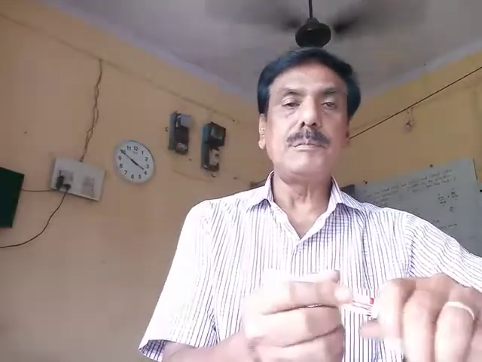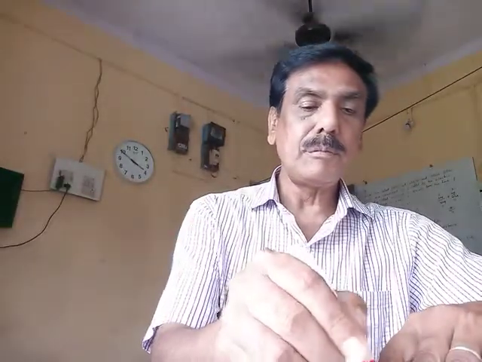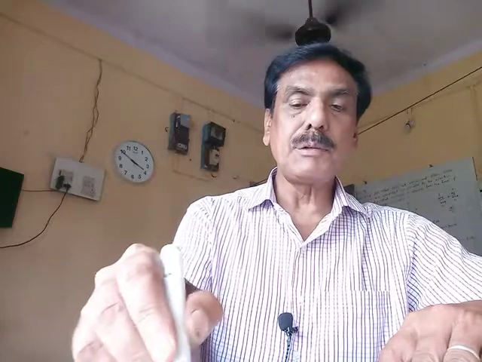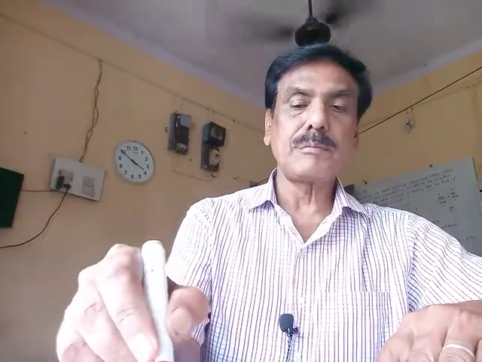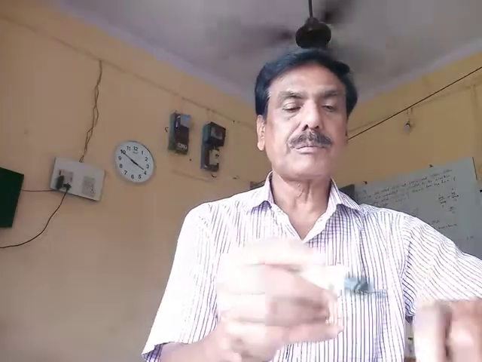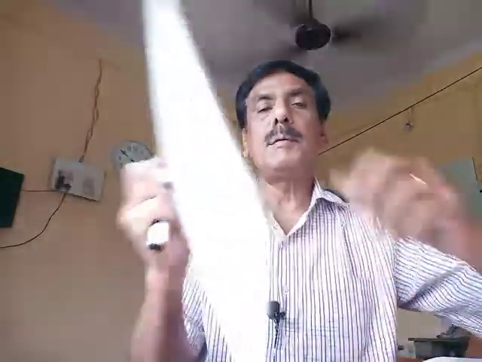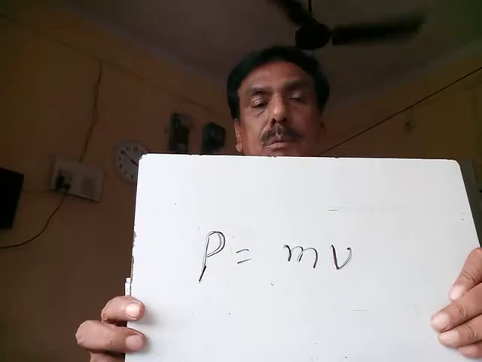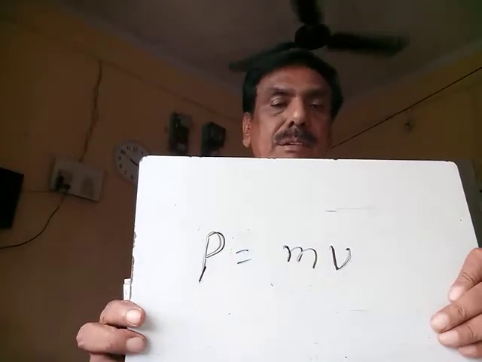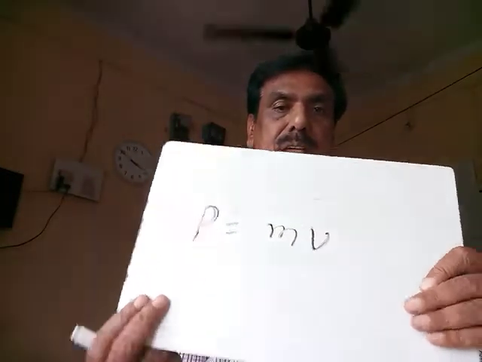You can write it like this: momentum is equal to m into v. p is the momentum, m is the mass, and v is the velocity, right?